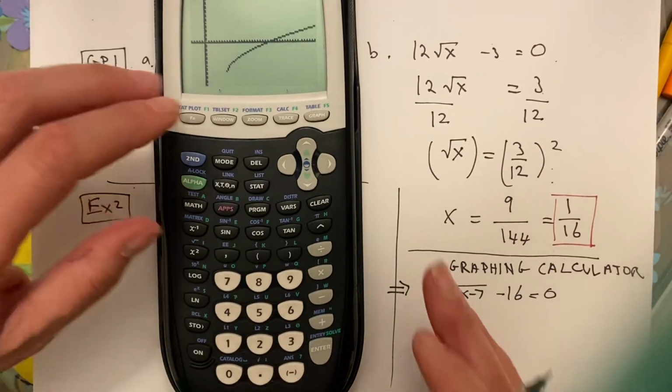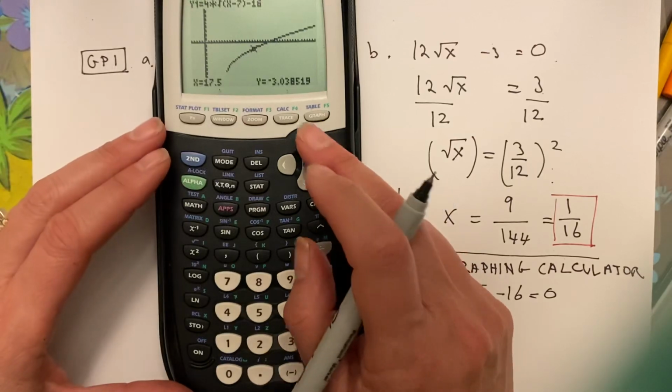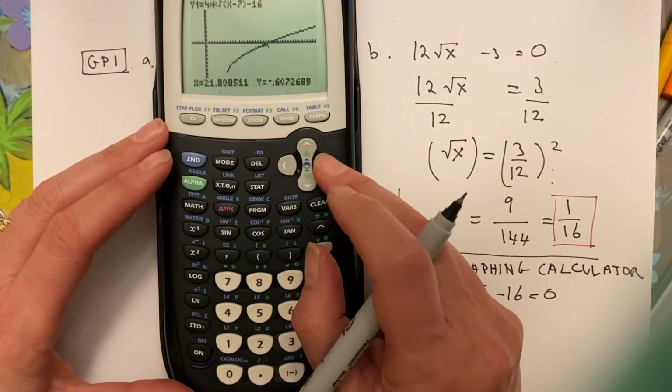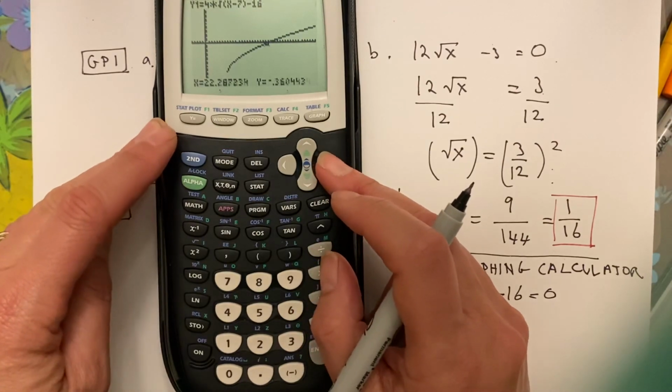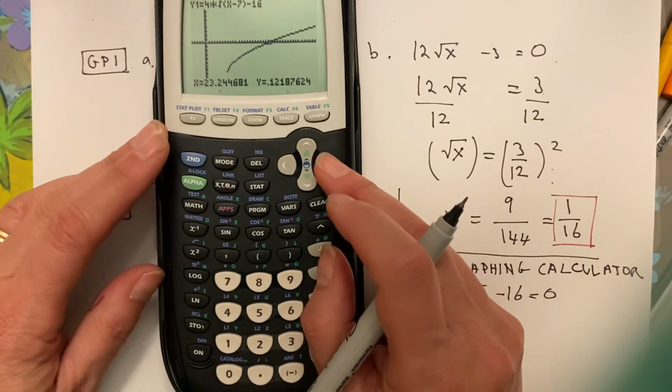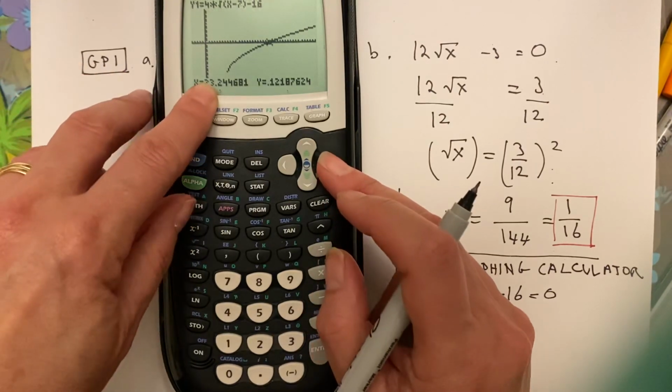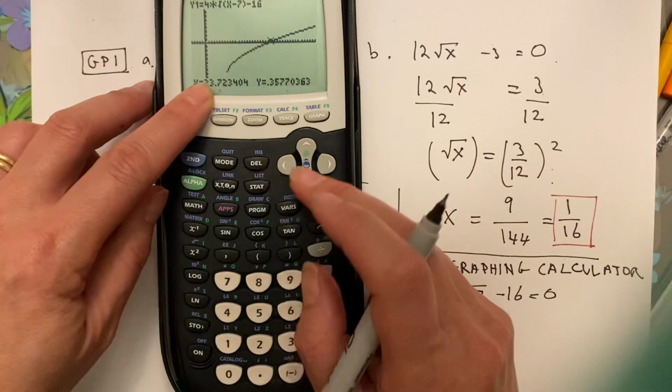I'm going to use my trace function and go up and see where it intersects the x-axis. And I'm just about there at x equals 23 when y is closest to 0.